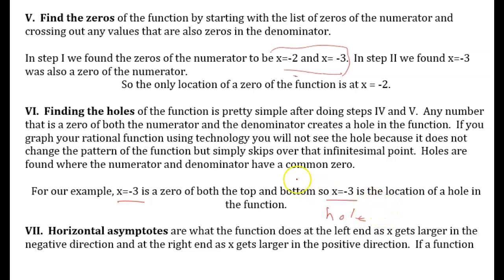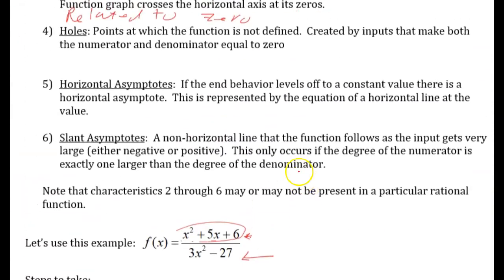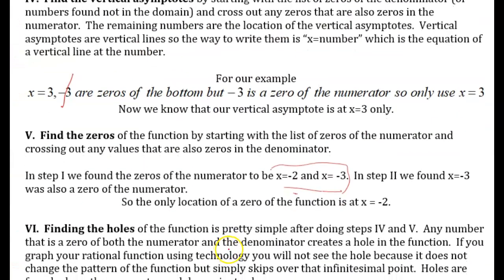You cannot calculate a function value at x equals -3, because if you go back to your original function and put in x equals -3, I get a +9 when I square it, I get 0 on top and 0 on the bottom. I'm dividing by 0. So you can't graph a y-coordinate for x equals -3. That makes a hole in your graph.